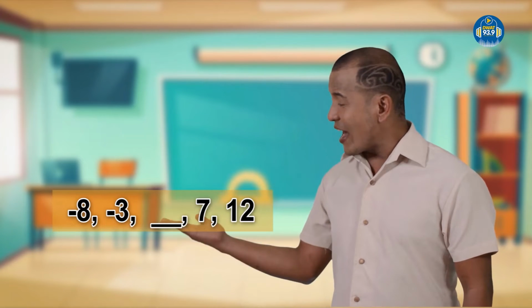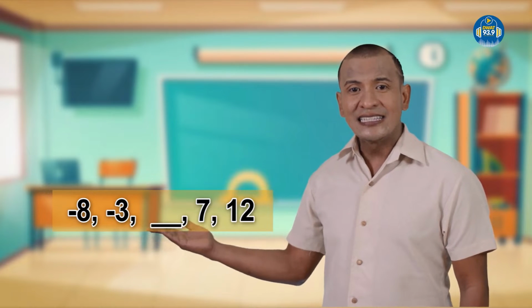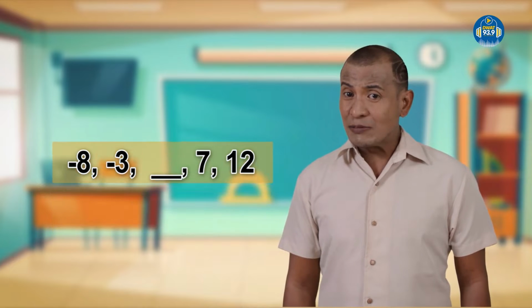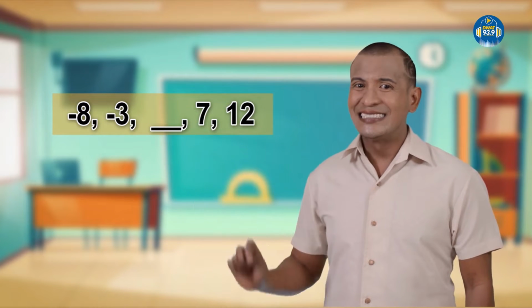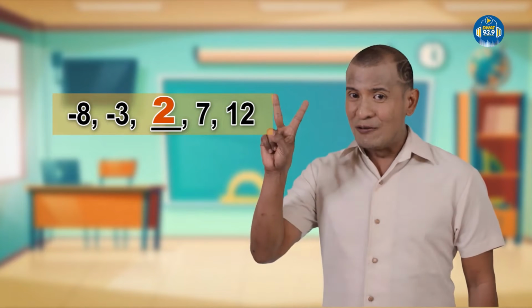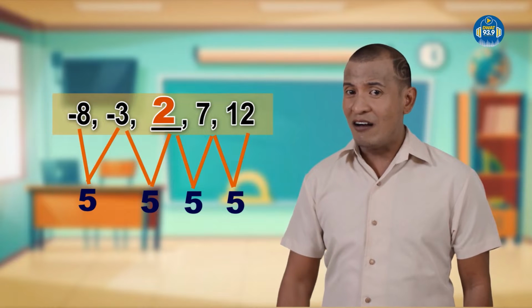Now, what about the sequence negative 8, negative 3, blank, 7, and 12? What number must be placed in the blank? The number is 2 because the sequence has a common difference of 5.